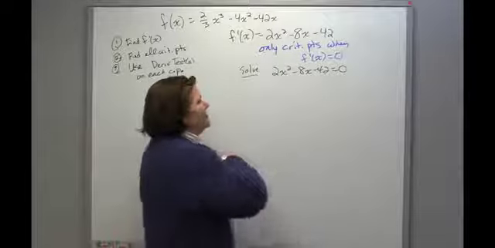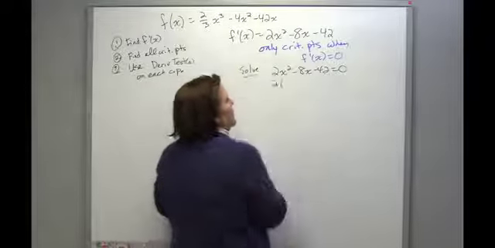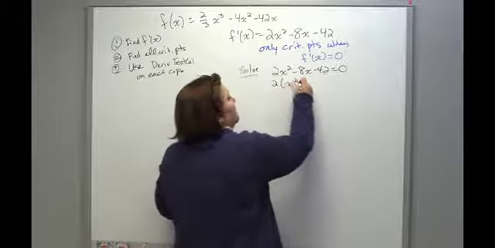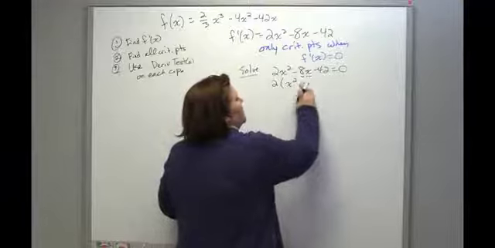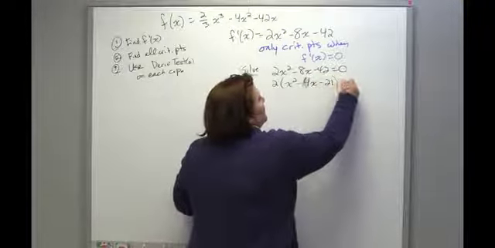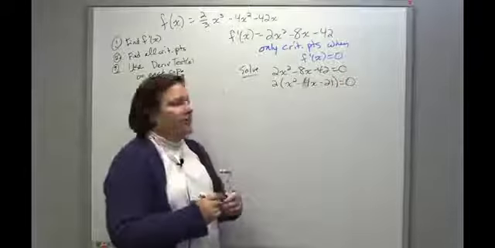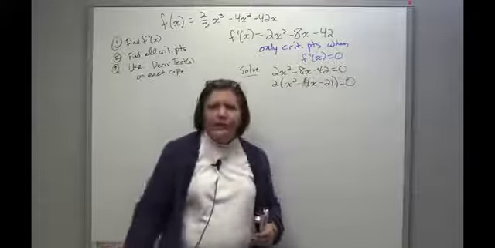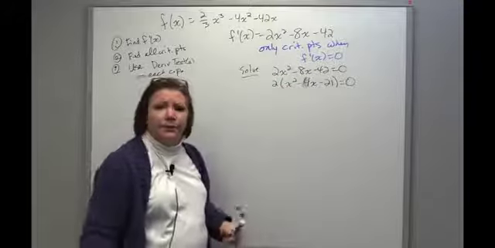We're going to try and factor this one. And we get 2 times, I'm going to factor out a 2, because that helps me factoring in general. If I have a leading coefficient of 1, it's easier for me to factor. But you could try and factor this directly. Some people are really good at that.